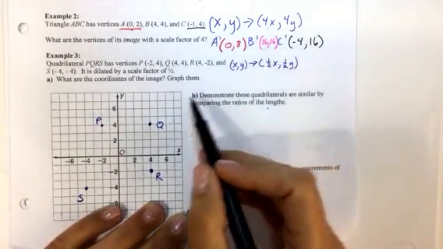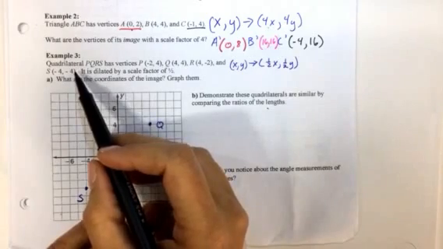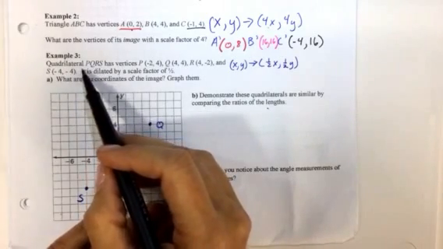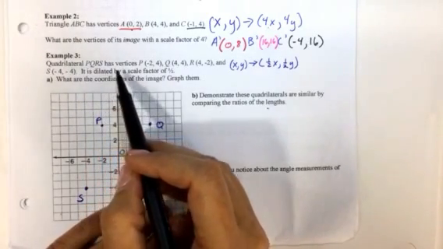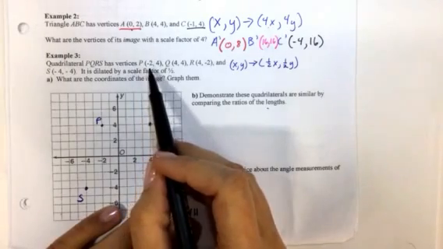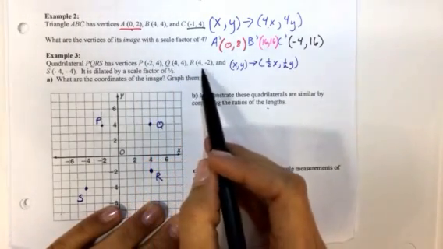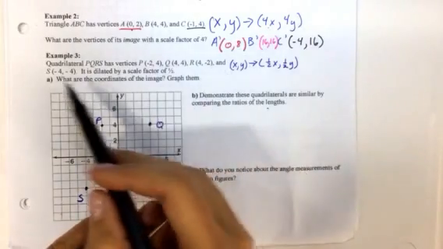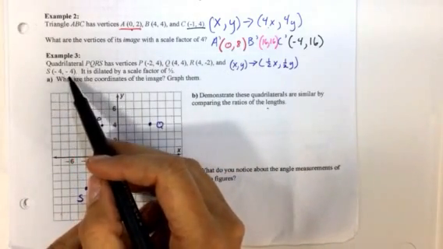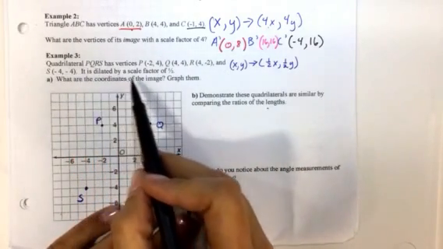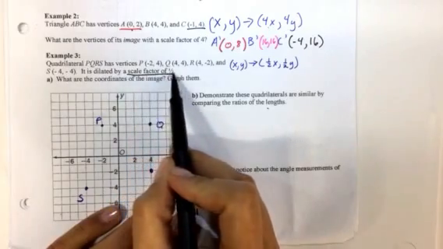Okay. So then in example 3, it says quadrilateral PQRS has vertices. P is -2, 4, Q is 4, 4, R is 4, -2, and then S is -4, -4. It is dilated by a scale factor of 1/2.